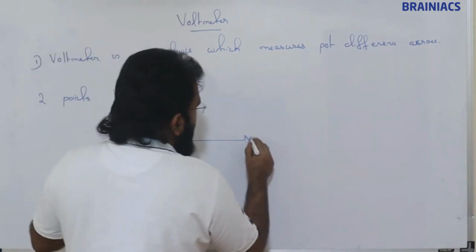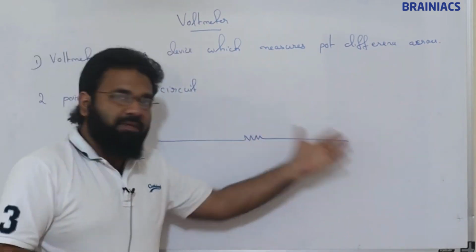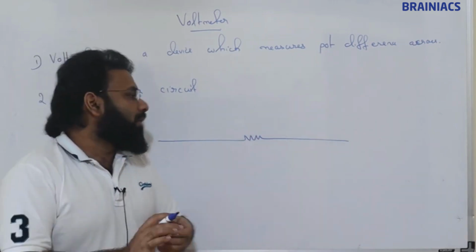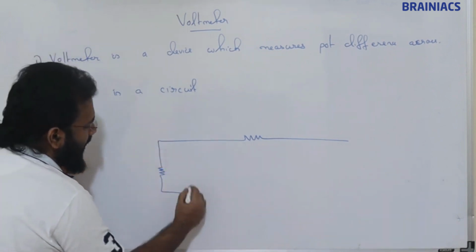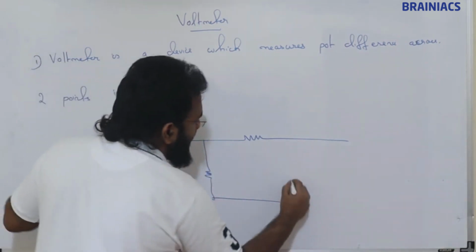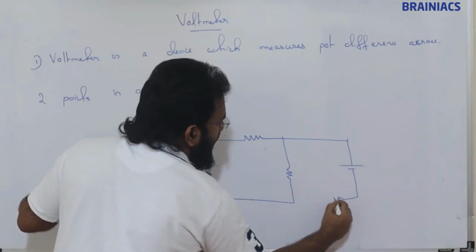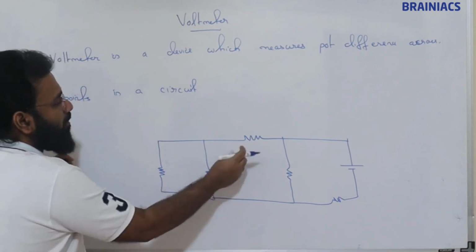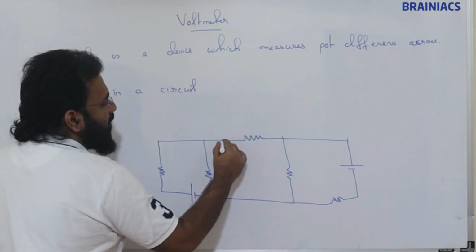Suppose if this is a part of a circuit, this is a big circuit, but we need to measure the voltage across this resistance. Many things are there in this circuit. Now suppose if we need to measure the voltage across this resistance, what we do?